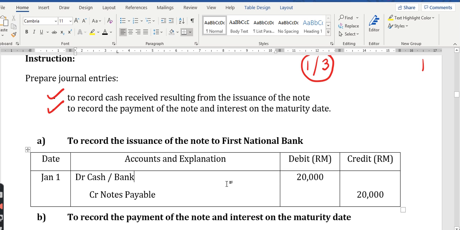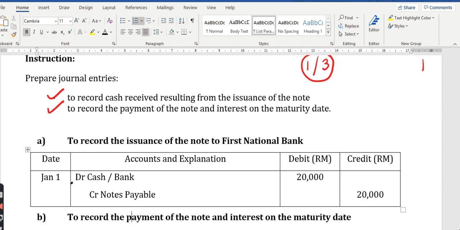Since this is a liability, notes payable will be credited. So this is to record the issuance of the notes payable. Within that 60 days, I need to settle the notes payable issued.